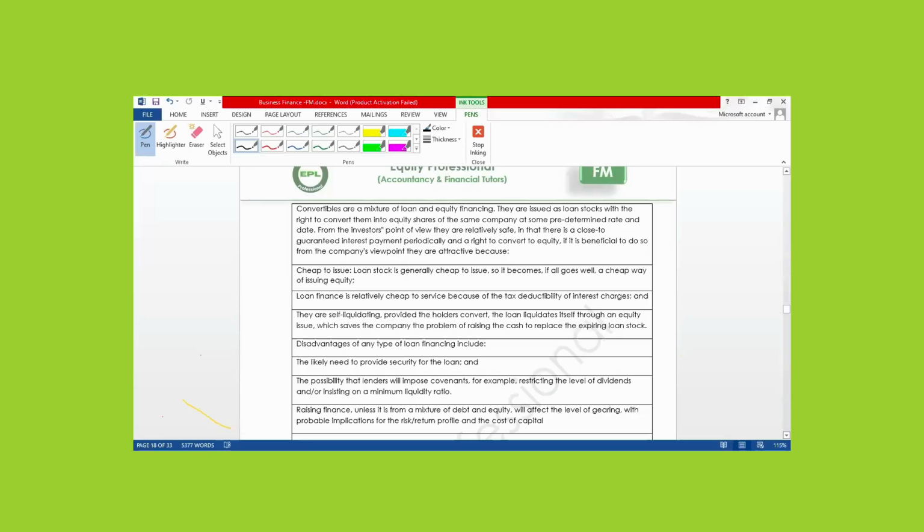This loan will be secured on the company's freehold land and building. That asset will be encumbered. Once you take the loan, that asset becomes encumbered.